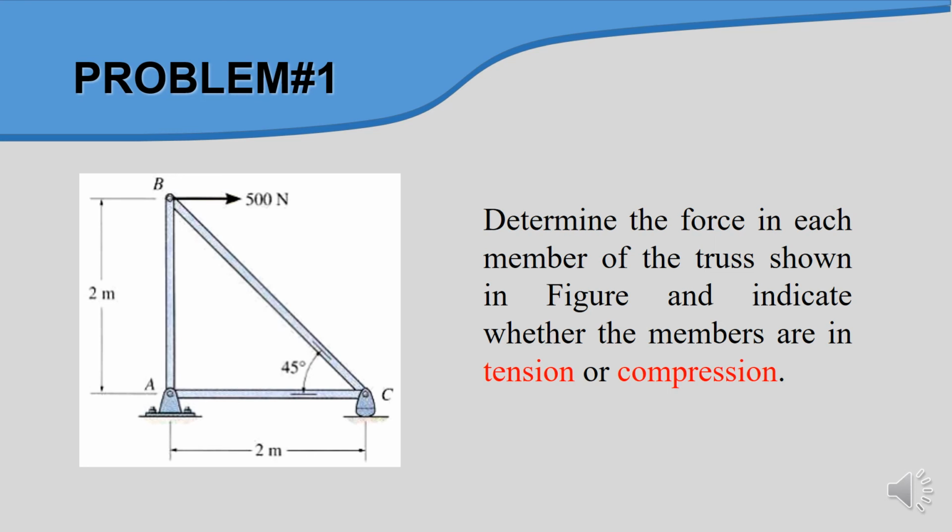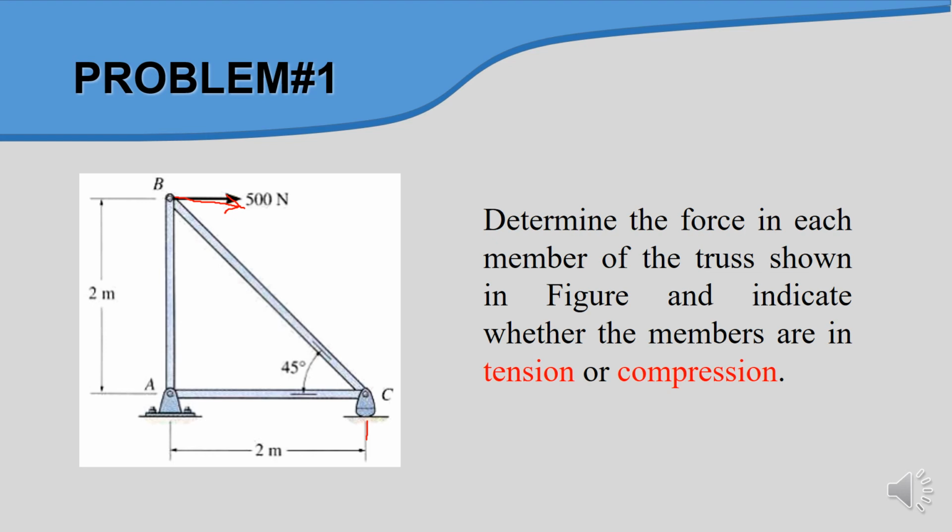Okay, let's go to problem number 1. In the diagram given, we have an external load towards the right, which is 500 Newton, and we have 3 members representing a triangle, a roller, and a pin.